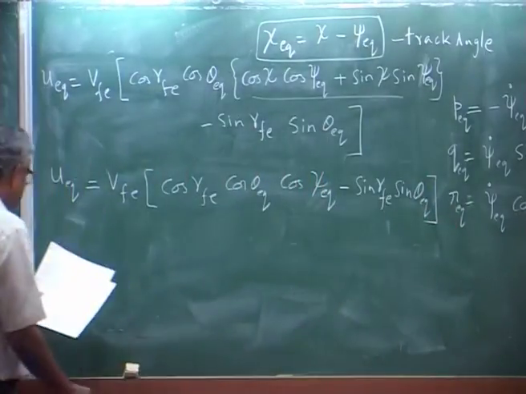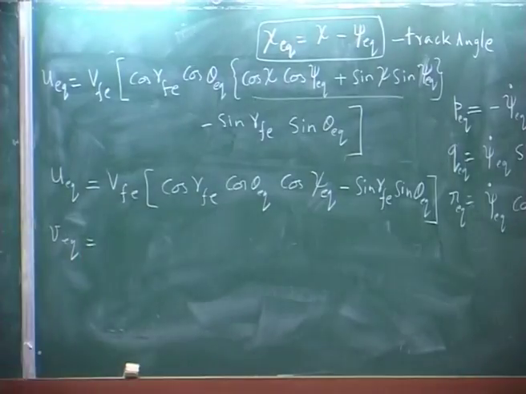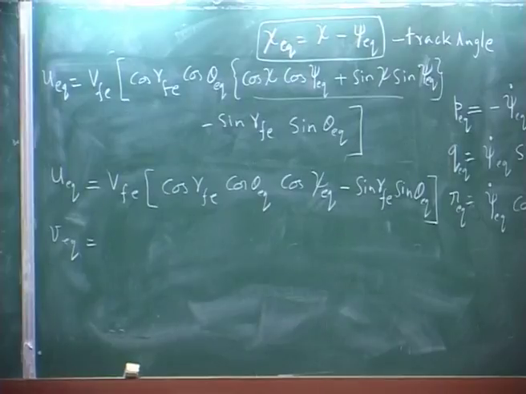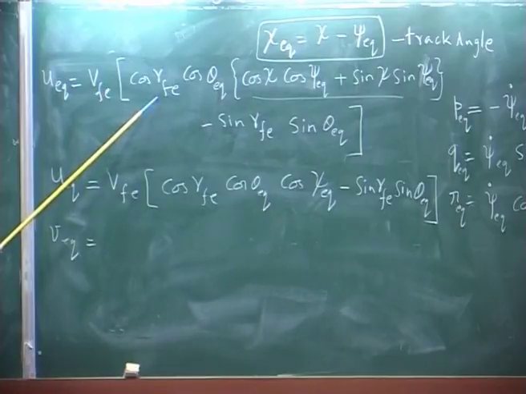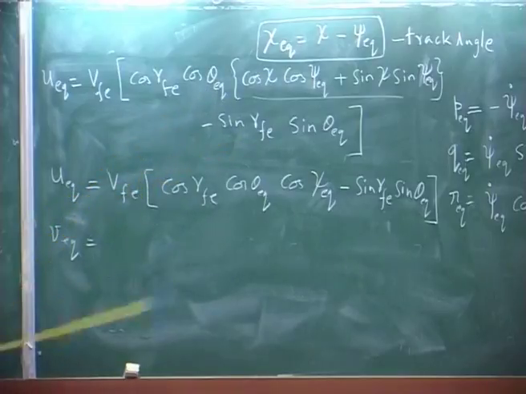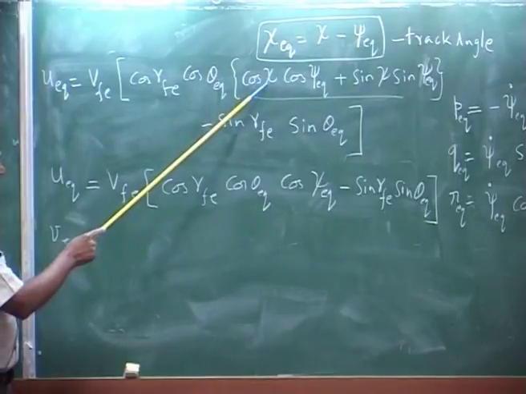In a similar fashion you can write VE. I will later tell you why I am using this, because in the equilibrium state you say that my velocity is constant, flight path angle remains constant, orientation angles are constant, and they do not vary with time.